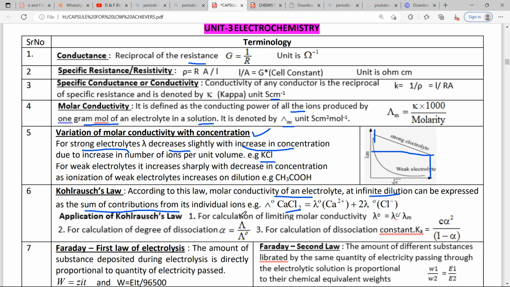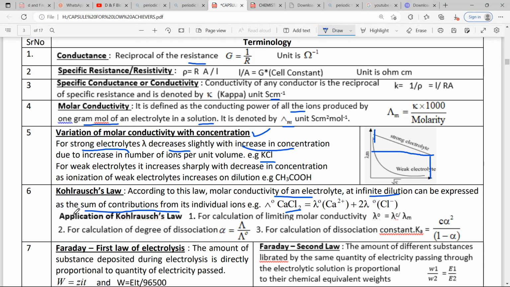So what Kohlrausch law says is that the limiting molar conductivity of a weak electrolyte is equal to the conductivity of its component ions. And also for calculation of degree of dissociation, alpha is equal to lambda by lambda naught, and also for calculation of dissociation constant, Ka is equal to C alpha square by 1 minus alpha.